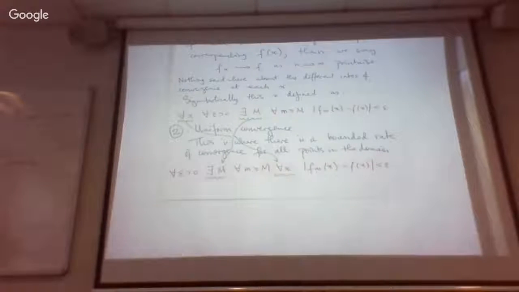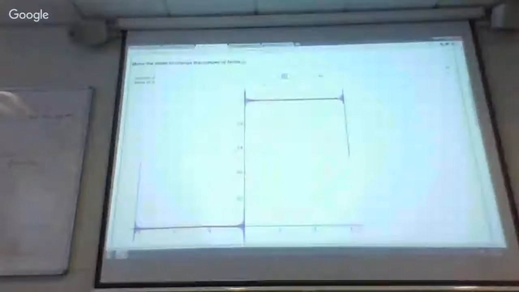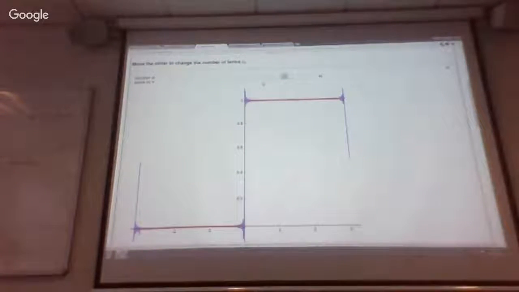So this second part is called uniform convergence. If you look back to our plot here, this looks quite non-uniform.